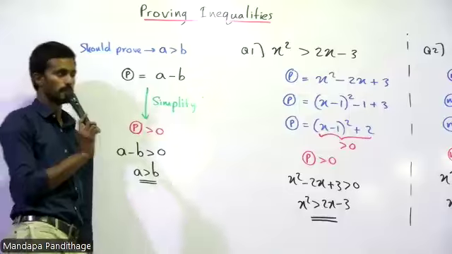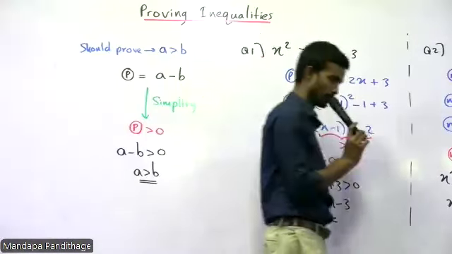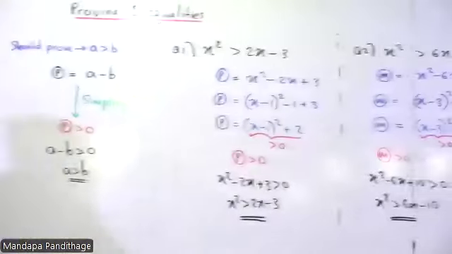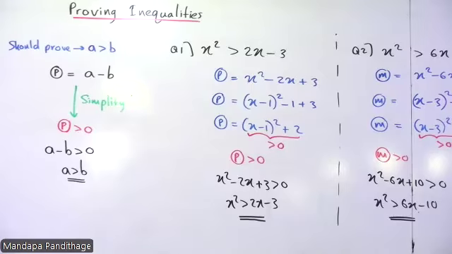Then next line. By simplifying this expression, we need to bring it to a stage that we can clearly say, write in a red pen, P is greater than 0.